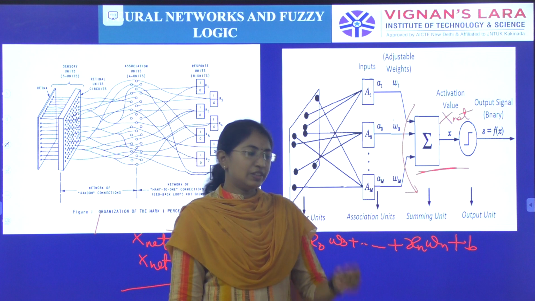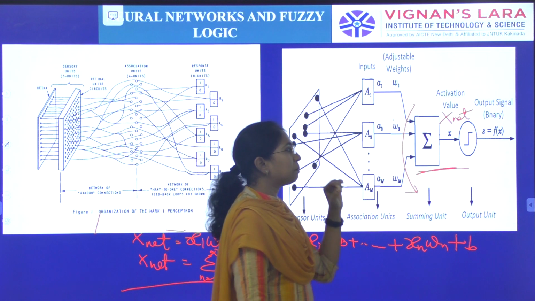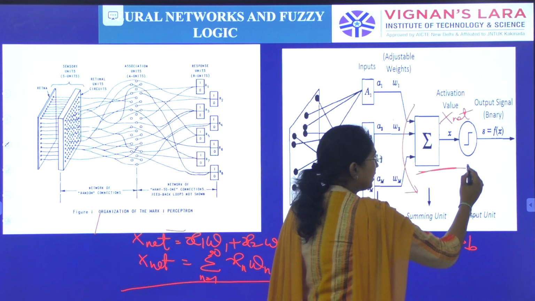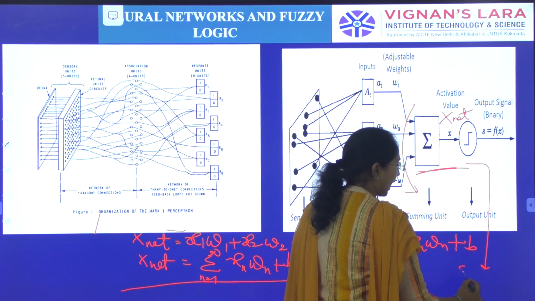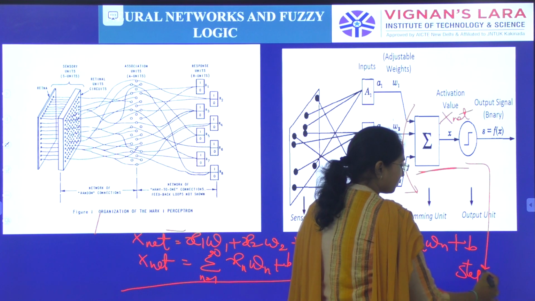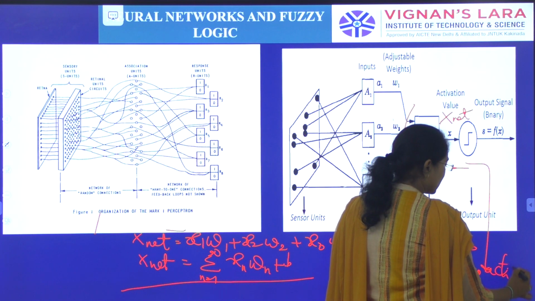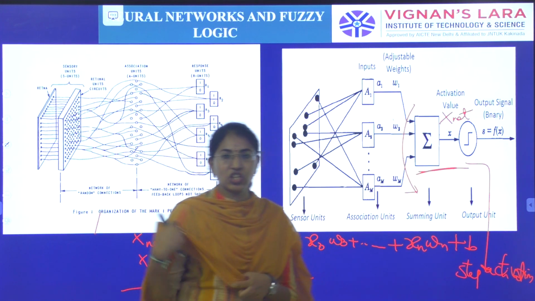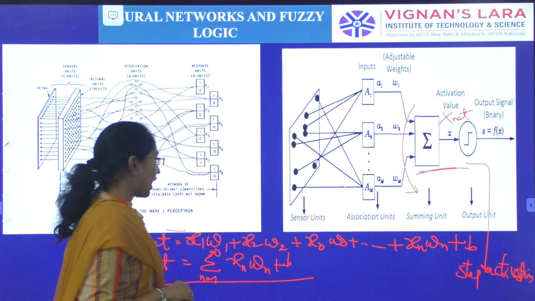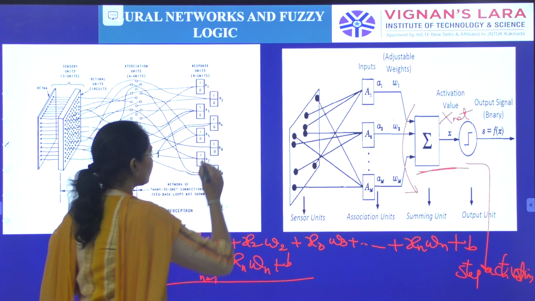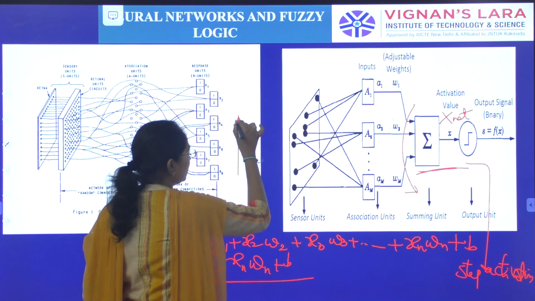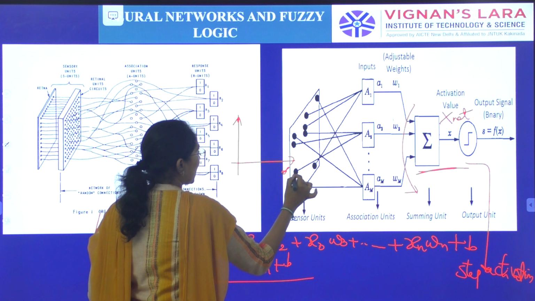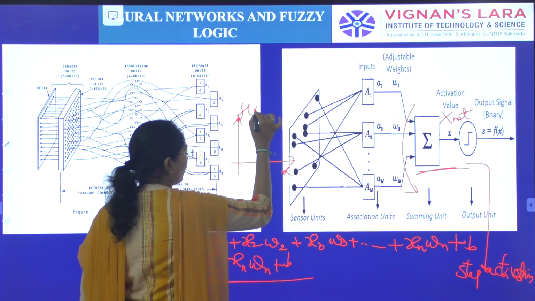Now, this xnet is passed through a binary step activation function. What is a binary step activation function? It is a function which consists of x and f of x.